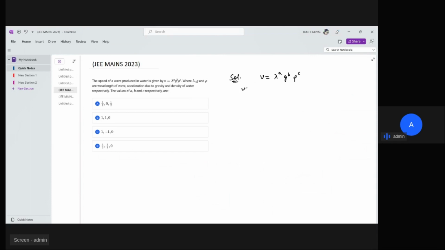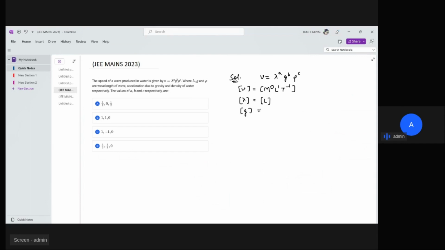What is the dimensions of v, speed of the wave? It is m0 l1 t minus 1, right? What will be the dimensions of wavelength? L in meters. What is the dimensions of g, acceleration due to gravity?